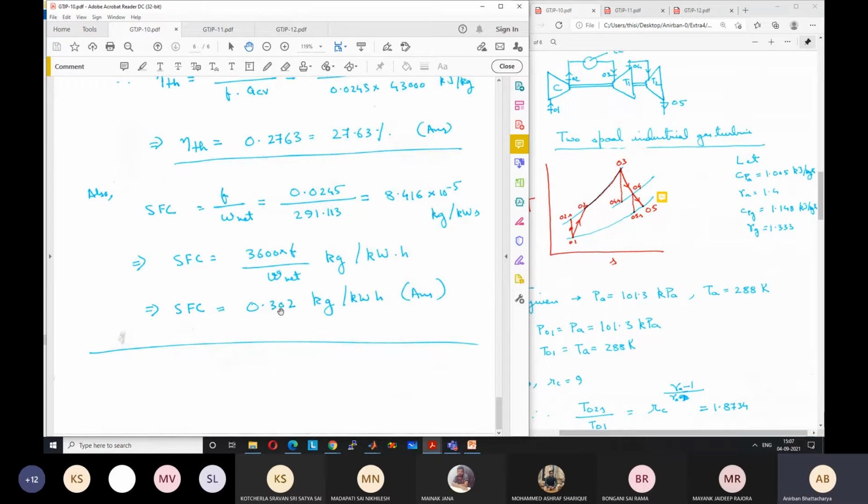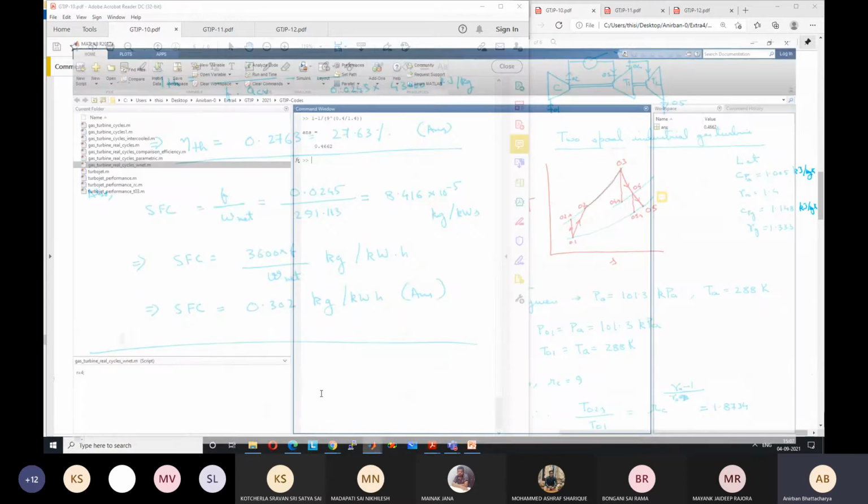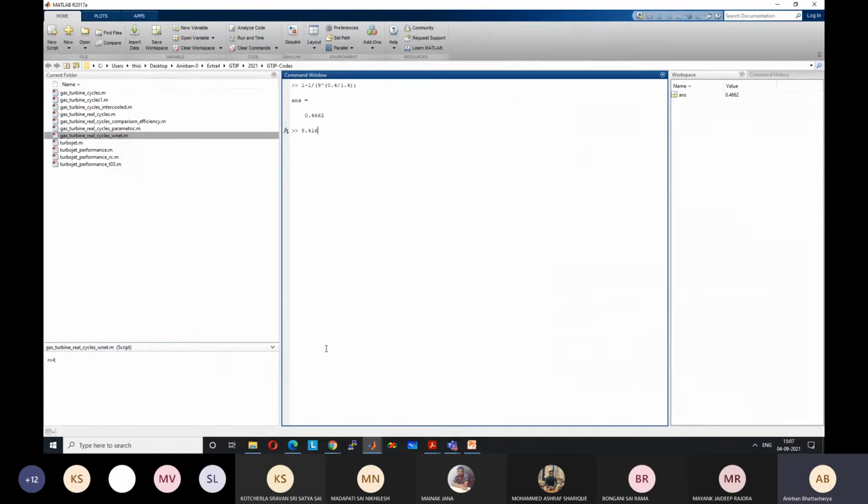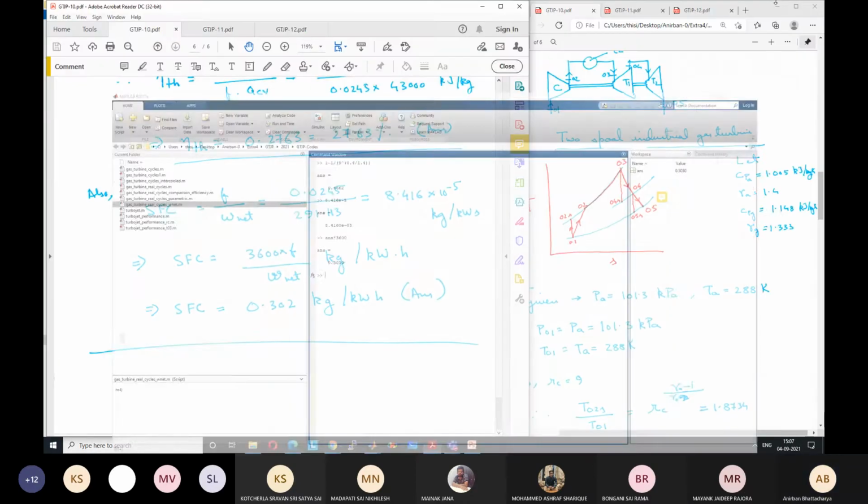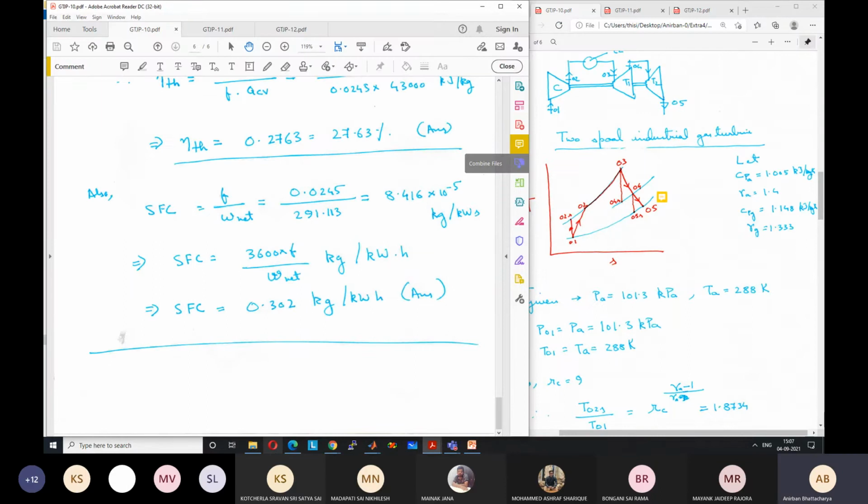Is it coming correct? Let us check. 8.416 into 10 to the power minus 5. I think it is correct. And 303. It is correct only.